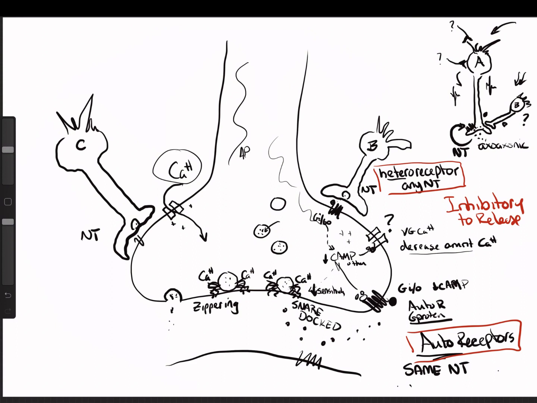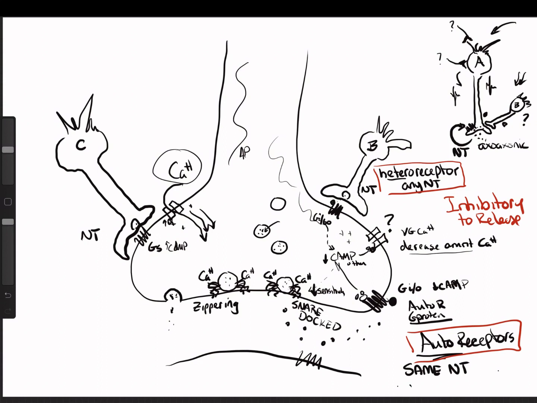And it's coming in. And if it's activating, say, GS, then we're going to have downstream effects that are going to increase neurotransmitter release. So this GS can affect cyclic AMP by increasing it, and increase phosphorylation of the calcium channel so you get more calcium coming in, and then you have more of a chance of calcium binding to those SNARE proteins.